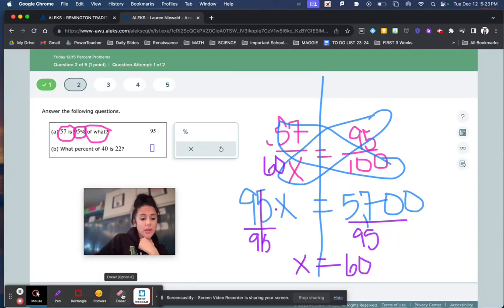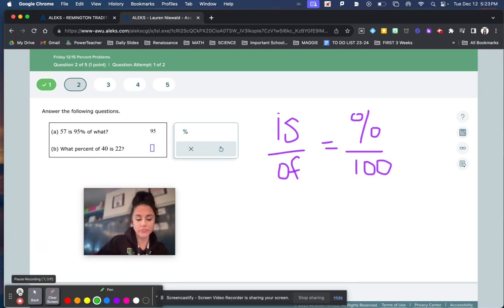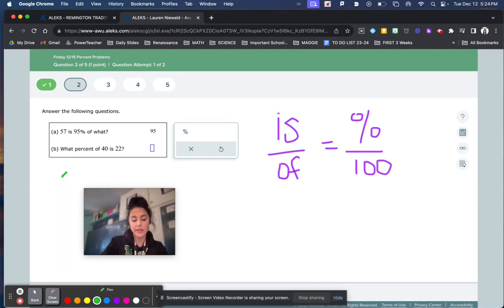On to part 2. What percent of 40 is 22? Okay, so what percent of 40 is 22? I went ahead and wrote out my formula, right? Step 1 is to fill in the parts. Whenever I do it, I always look for the percent sign first. That's the easiest one to clue in on. And I don't even see a percent sign.